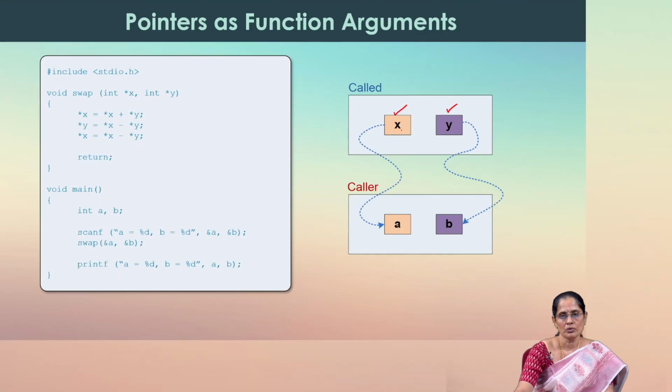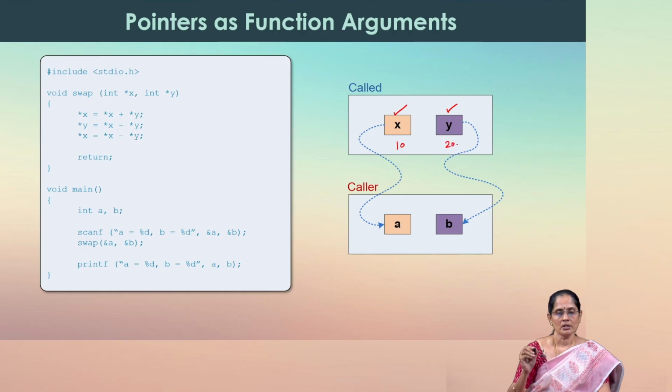The values in x and y are to be swapped. Let us assume that the value of x is 10 and the value of y is 20. After the execution of the program, the value of x should be 20 and y should be 10, right.